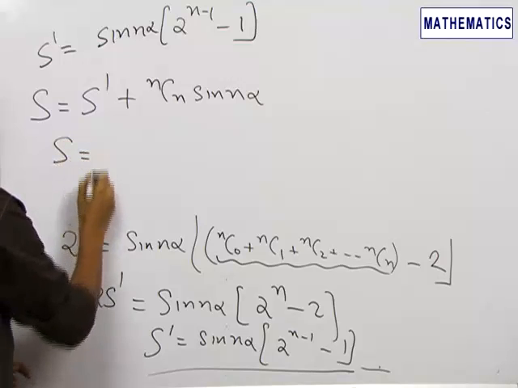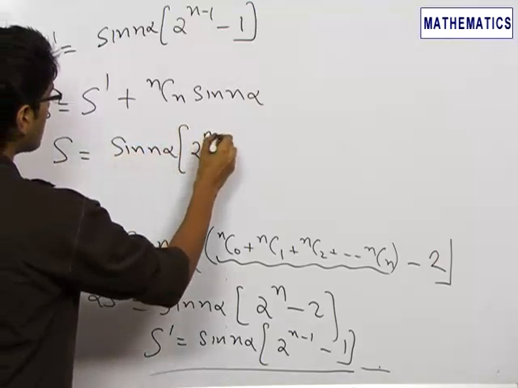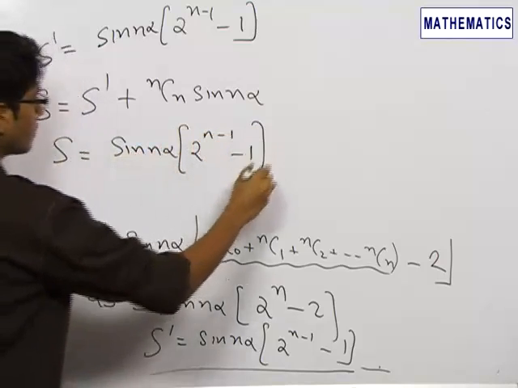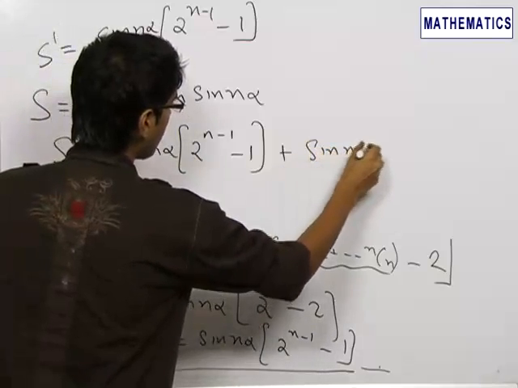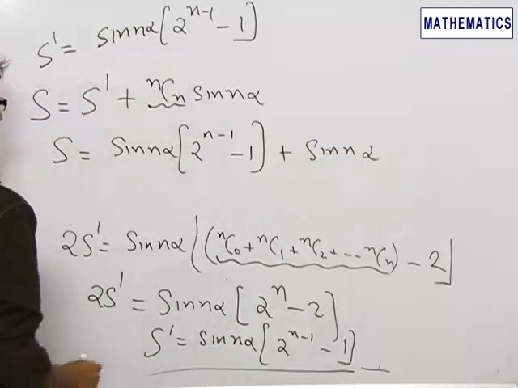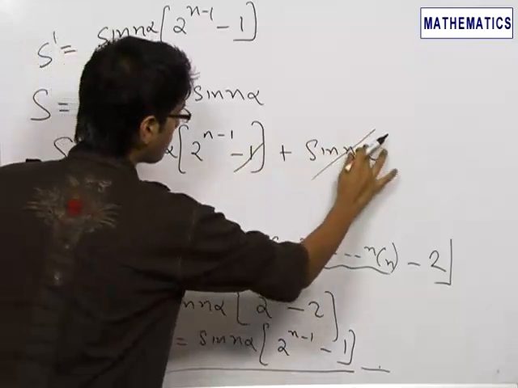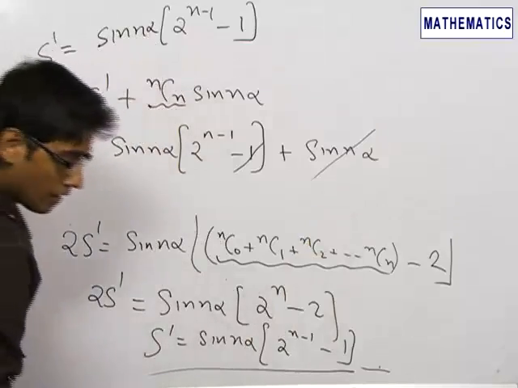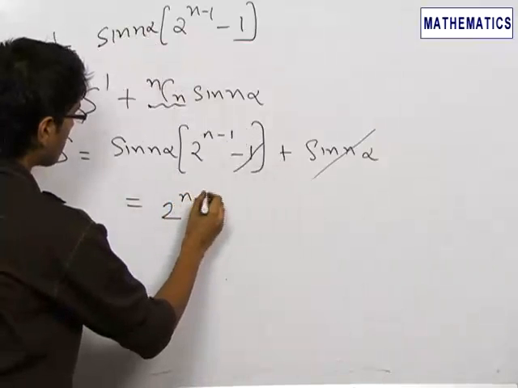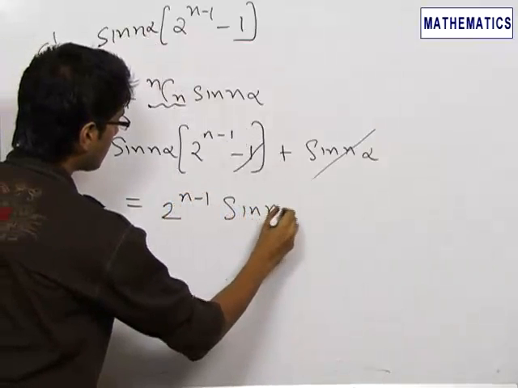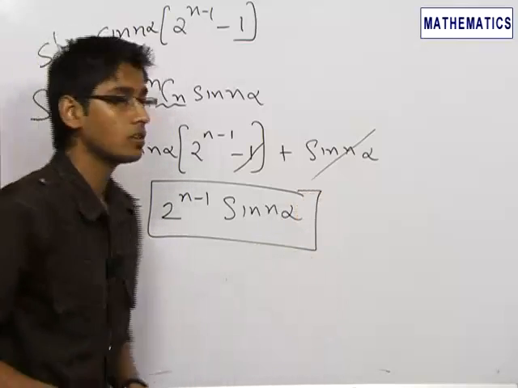Now the sum will be equal to sin n alpha into 2 power n minus 1 minus 1, plus NCn, which is equal to 1, sin n alpha. Now this minus sin n alpha gets cancelled out with this plus sin n alpha, and what we are left with is 2 power n minus 1 into sin n alpha, which is the required answer.